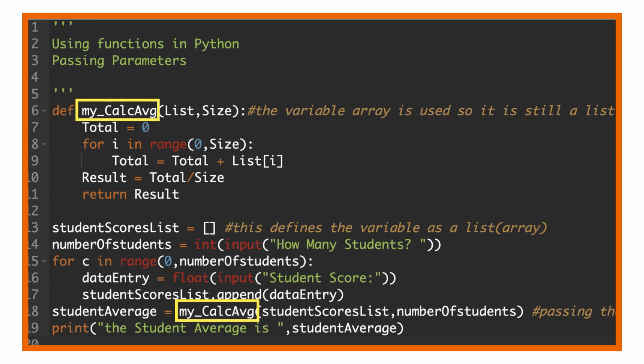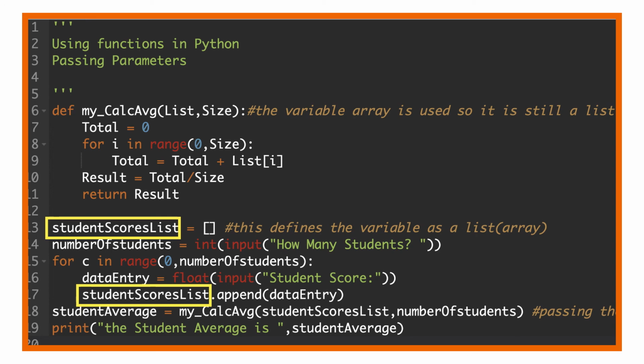It's good practice to put my, and that defines it as mine, as in human, to say this is a function that the owner or the person writing the program has created. So putting my underscore means that it's instantly recognizable as a function that has been written by the programmer and is not some inbuilt function or some variable. So it's nice to do that. You may use FN for function or F underscore, something to indicate that.